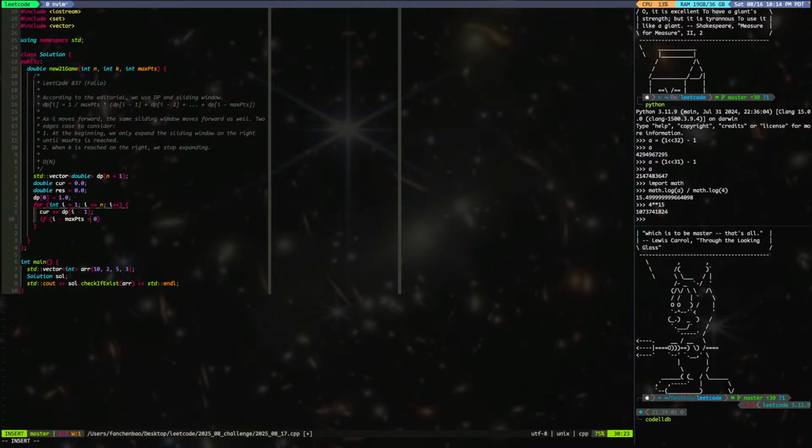So I say if it's larger than 0, then current minus equal to dp minus max points minus 1. Because those can remove, right? But minus 1, that is extra, so you need to remove it. So we'll make sure we only have the size of max points. So current will minus the last.